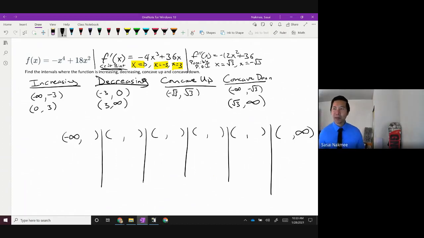It should be from negative infinity to infinity, right? Those are the endpoints that we should have there. The furthest left is going to be negative infinity. The furthest right is going to be infinity. Now we got to combine the ones in the middle.